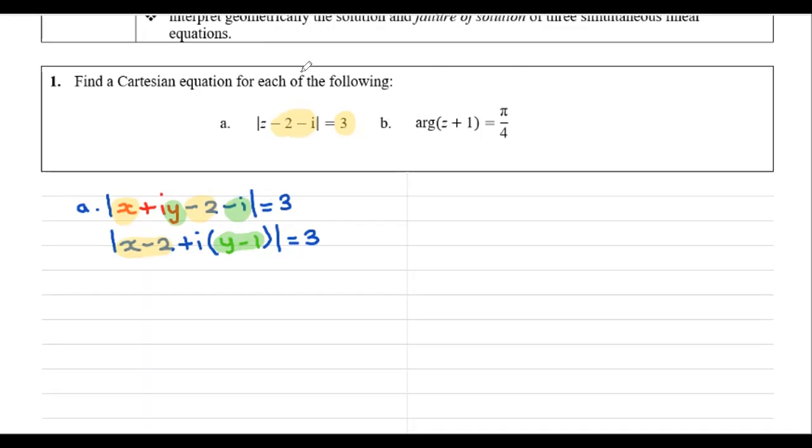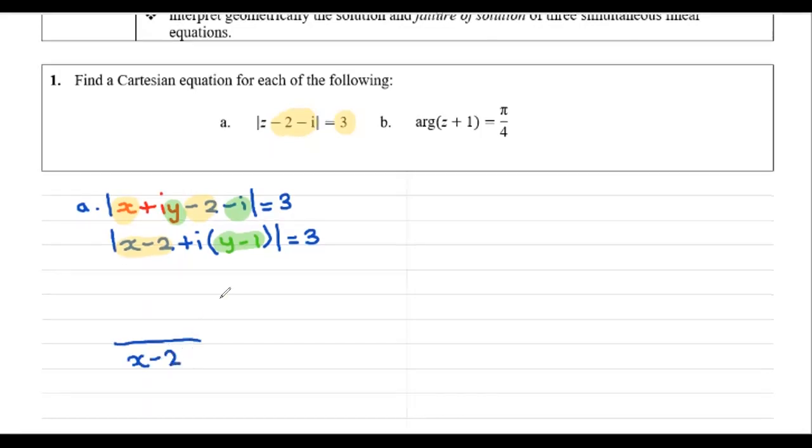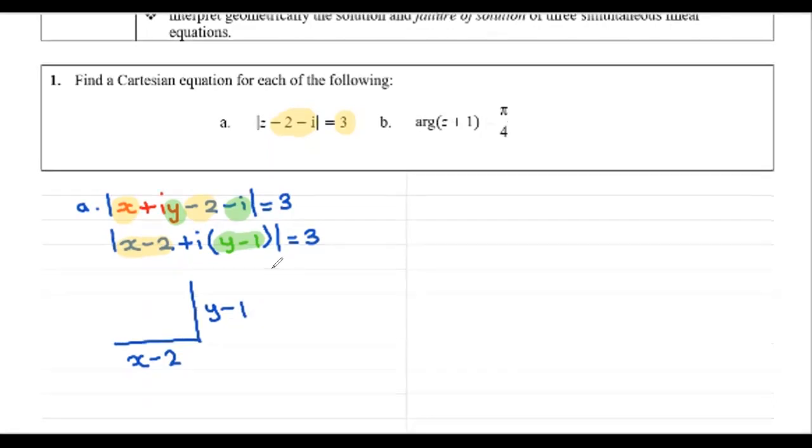So if it helps, we can think of this as a right angle triangle. So imagine we've got a distance x subtract 2 going along the real axis like that. And then in the imaginary direction, we're going up, or it could be down. We don't know whether we're going left or right or up or down, but it doesn't matter. So we've got y subtract 1 in that direction.